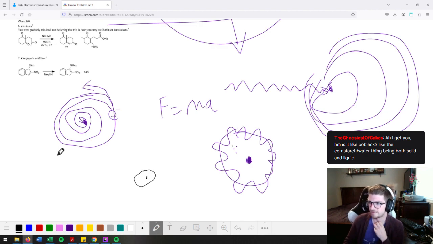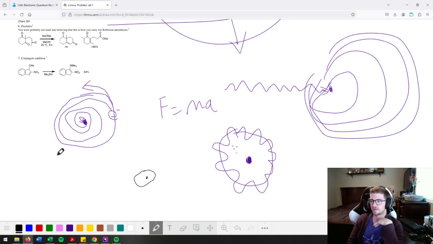Is it like oobleck, the cornstarch water thing being both solid and liquid? So there's definitely some parallels that we could draw there, that it has these kind of dueling properties. But oobleck and cornstarch water things, which are called, what is it? I think it's Newtonian fluids. Is it something like that? But those are not a direct parallel to what electrons are and wave particle duality.